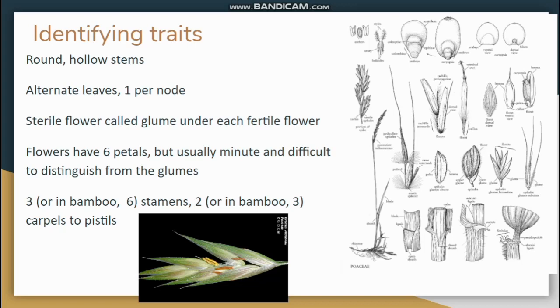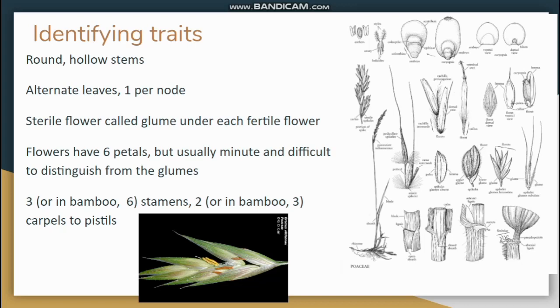Also, this is why grasses are a great source of seasonal allergies, because they rely on the wind to disperse their pollen rather than insects. Now, they have 3 or 6 stamens and 2 or 3 carpels per pistil on a flower.